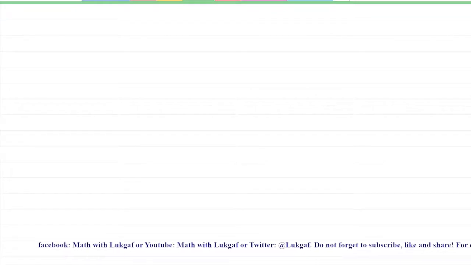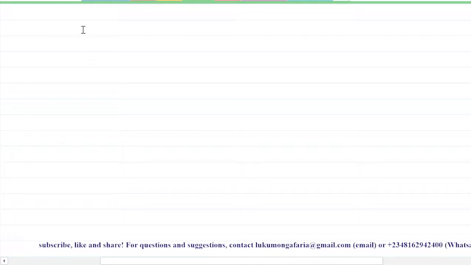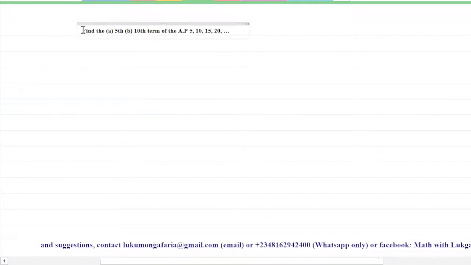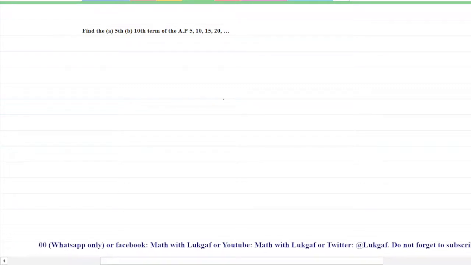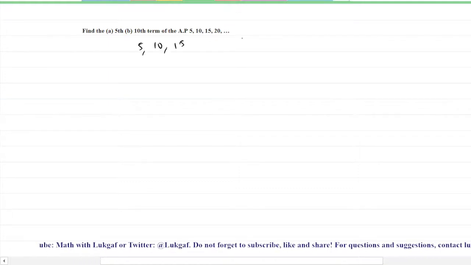Example. I'm asked to find the fifth and 10th term of the AP 5, 10, 15, 20. You understand?